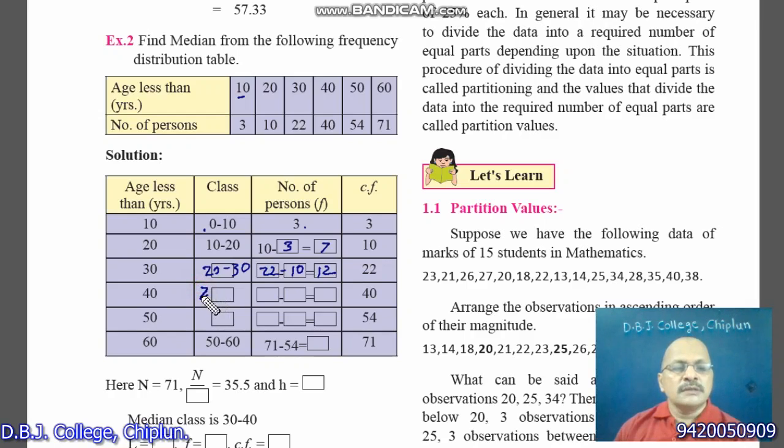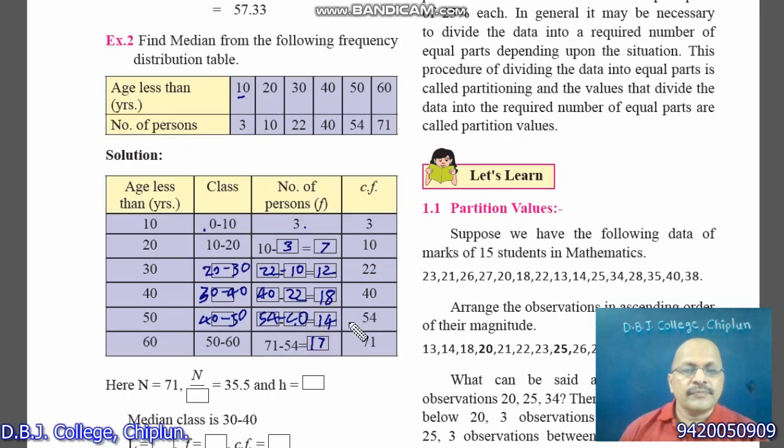Next classes are 30 to 40, then 40 to 50, and 50 to 60. 40 minus 22 is 18. Then 54 minus 40 is 14, and 71 minus 54 is 17. The CF column is readymade with us.